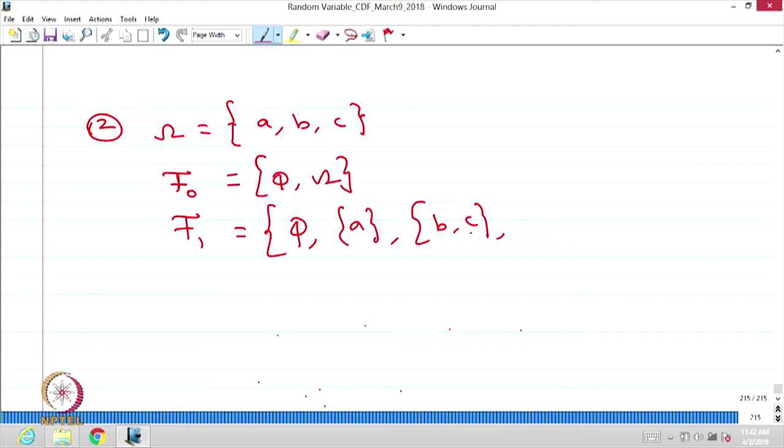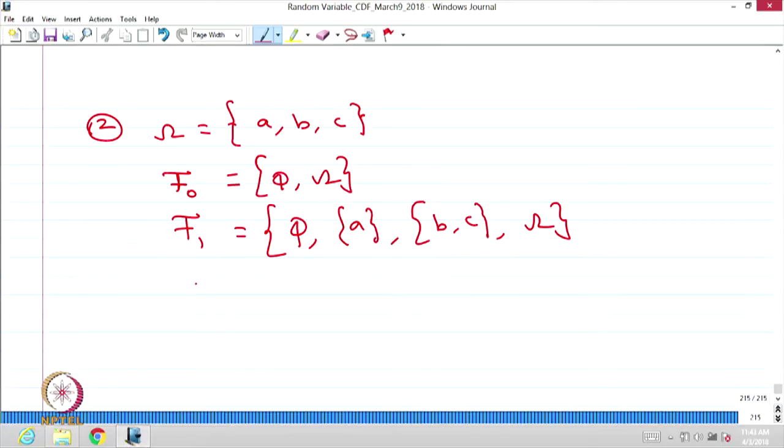Therefore, A complement is B and C, B and C complement is A, and the union of A, B and C becomes the whole set. You can verify F1, that is a sigma field because it satisfies all the 3 conditions of the sigma field.